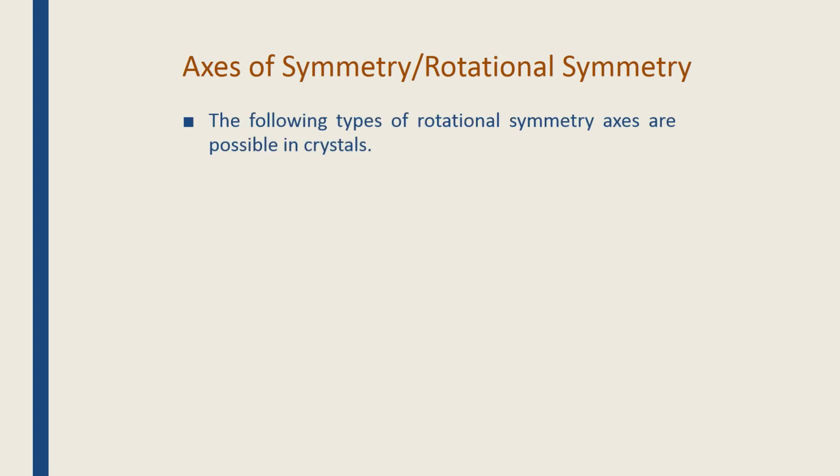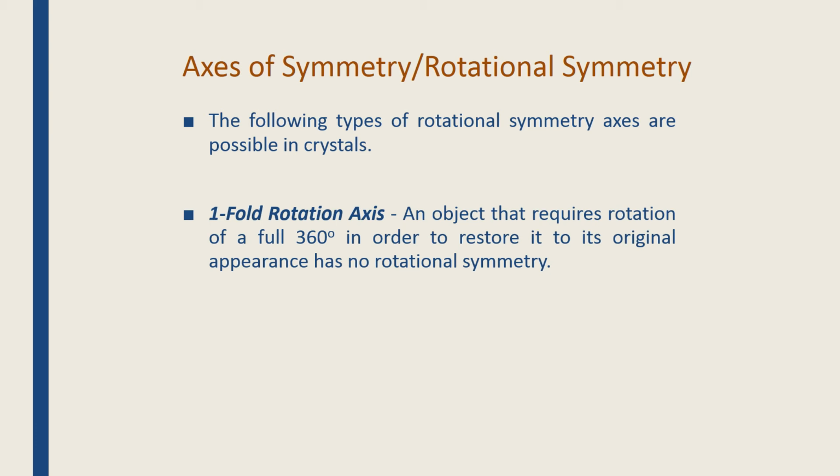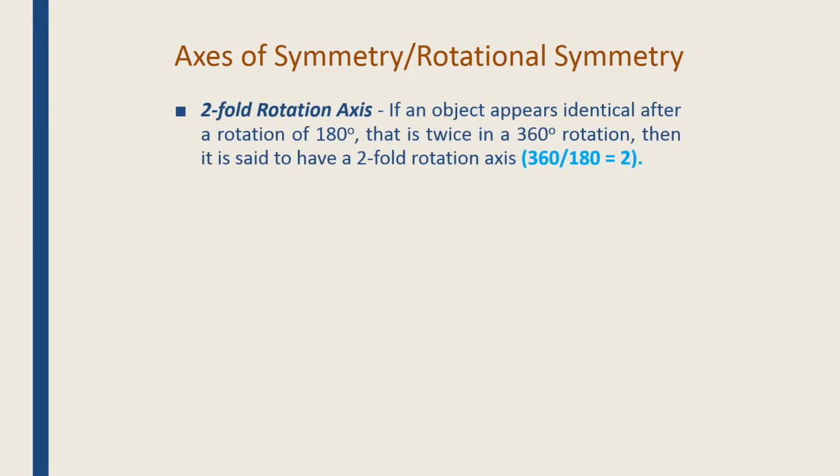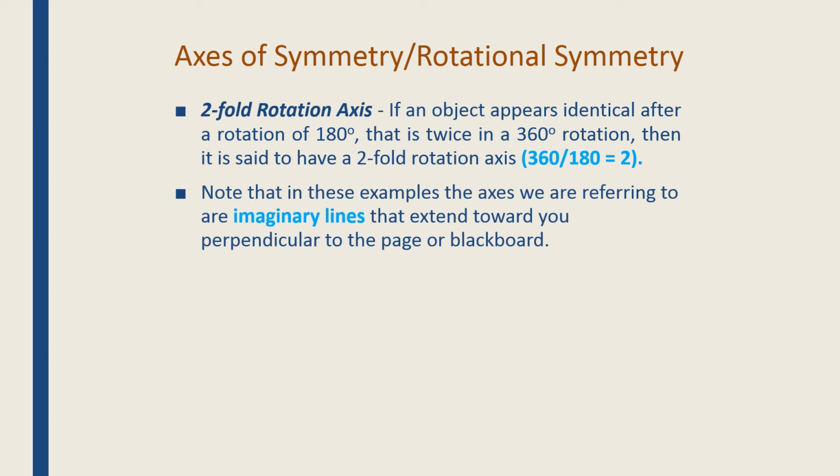The following types of rotational symmetry are possible in crystals: one-fold rotation axis, and we knew about that. This is the expression. And two-fold rotational axis: the complete rotation of anything is 360 degrees, you divide that by 180, and it gives you the order of the axis, so it's twofold.